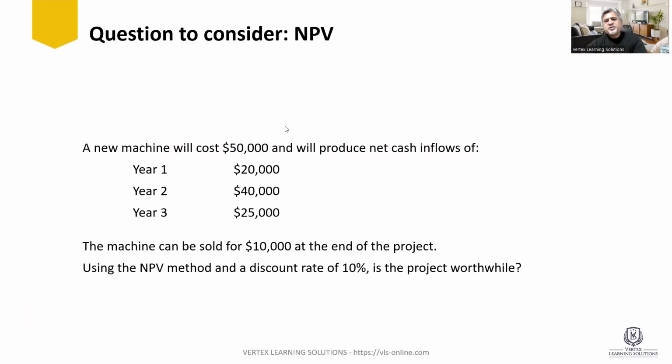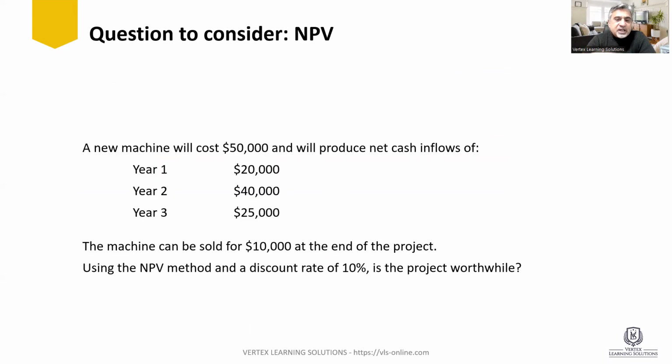Now, there is one question which we very simply consider. A new machine will cost $50,000 and will produce net cash inflows. So 50,000 is your investment cash outflow as of today. Then you receive inflows of 20,000, 40,000, and 25,000 in years 1, 2, and 3. And the machine can be sold for $10,000 at the end of the project.